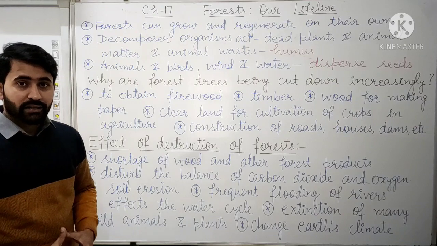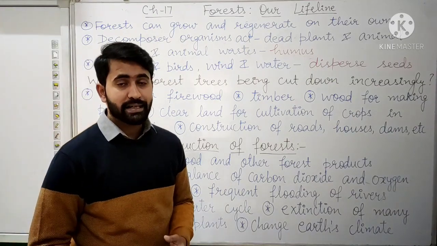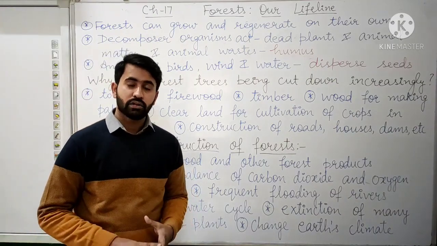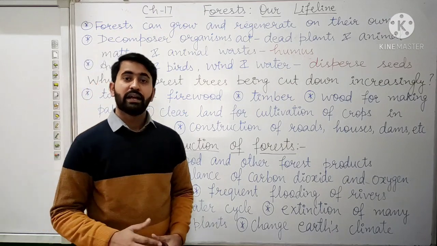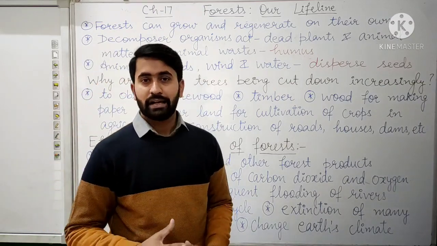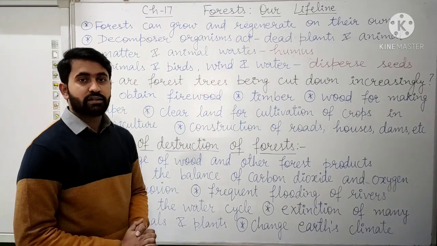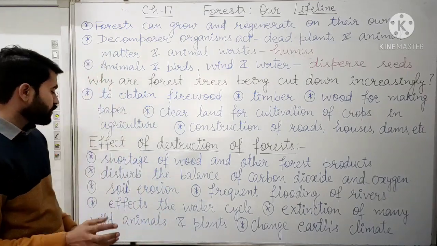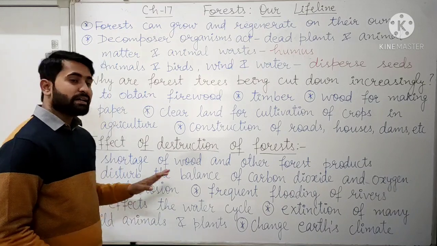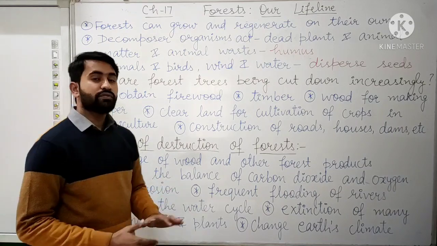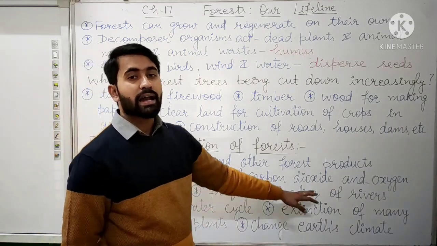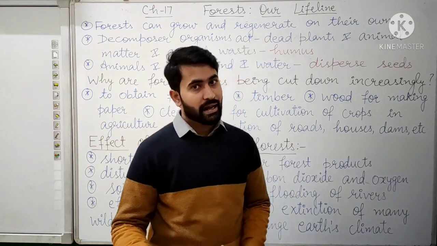As we know, the forest helps in maintaining the balance of carbon dioxide and oxygen in the atmosphere. Now when trees are cut at a fast rate, the destruction of the forest will disturb the balance of carbon dioxide and oxygen in the atmosphere.